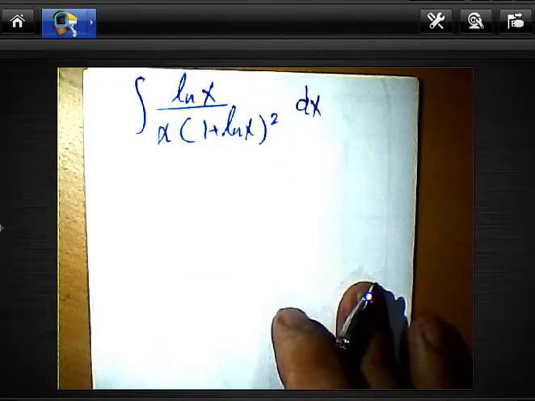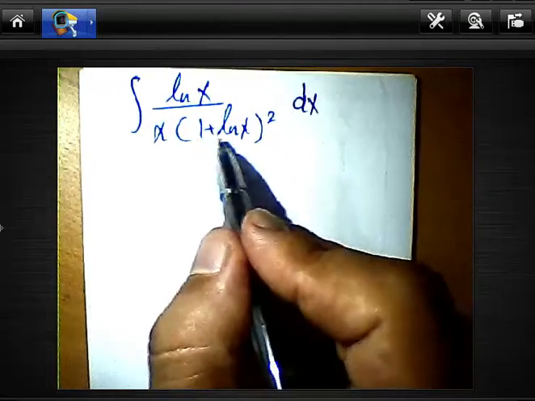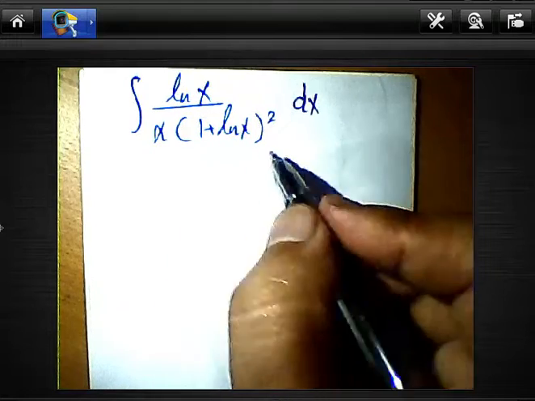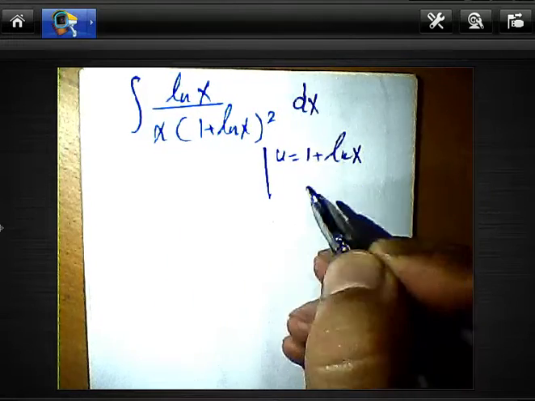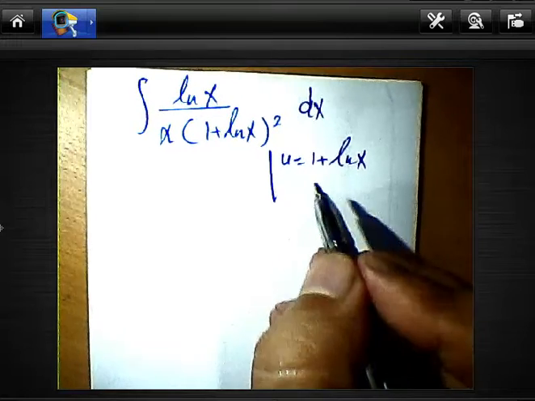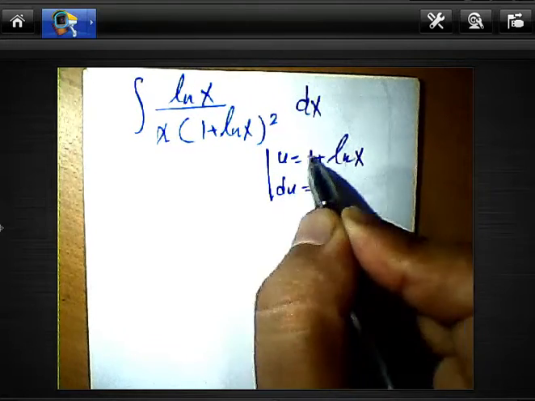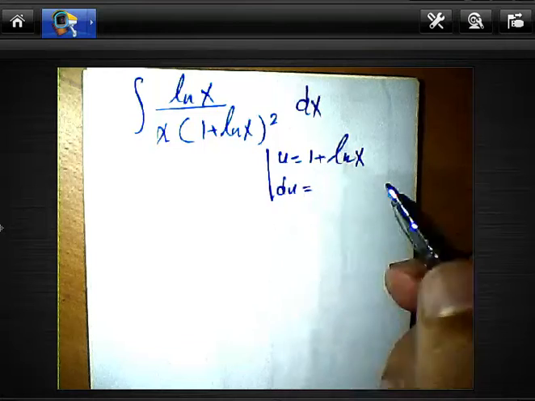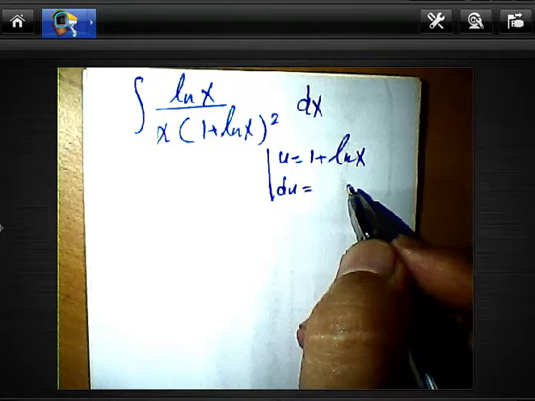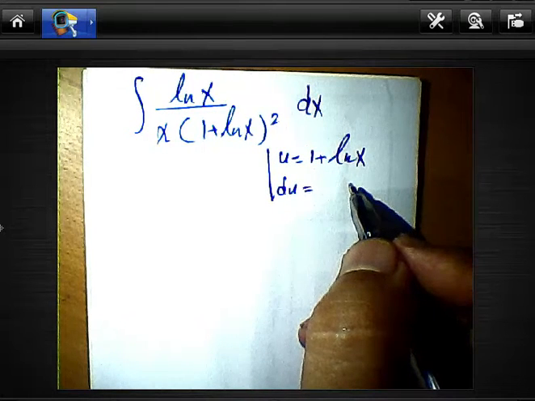Who can solve it? We can put u equal ln x plus 1. Let u equal 1 plus ln x. And you can find the derivative of this function. du equal derivative of 1 equals 0, and the derivative of ln x equal what? Equal 1 over x.